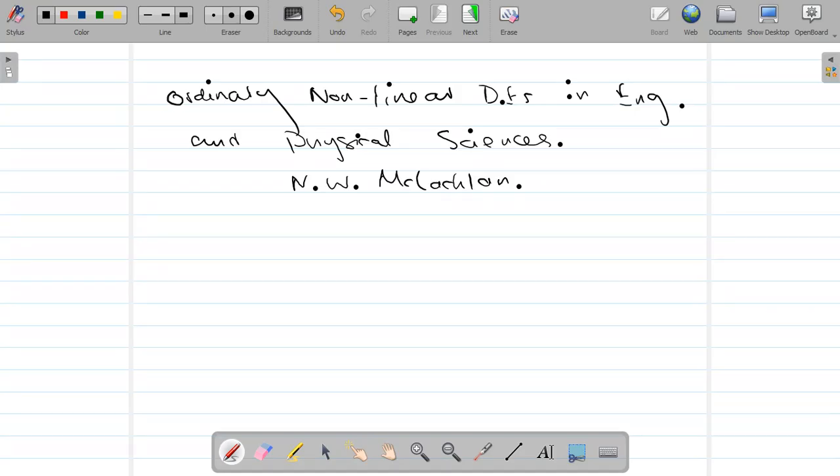As I said, basically, he starts off in section, I think it's section 5.171, if I'm right, if I can find where I am here. Yeah, so in section 5.171, he derives a differential equation.